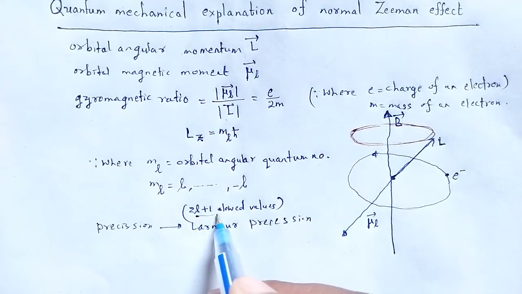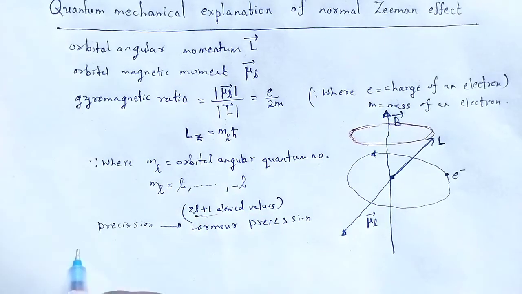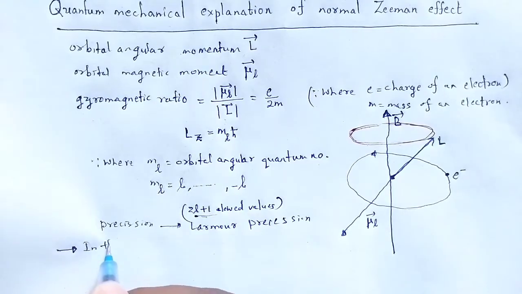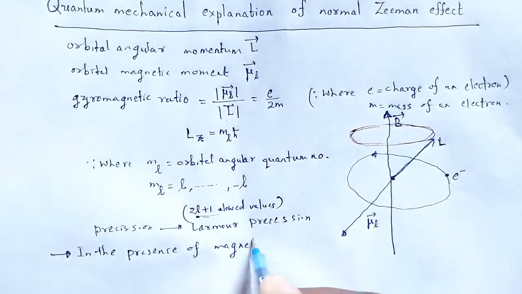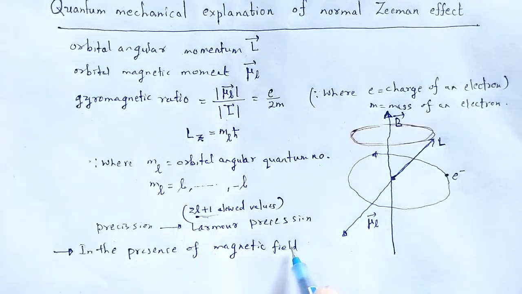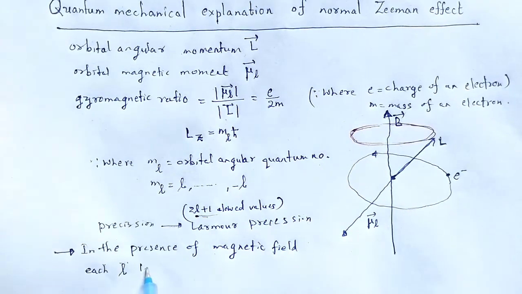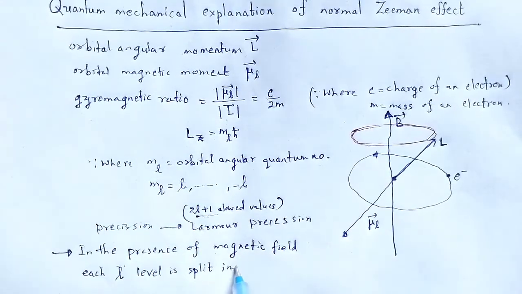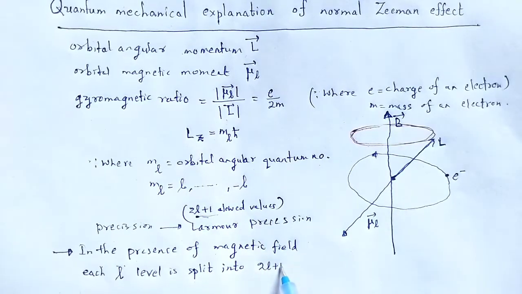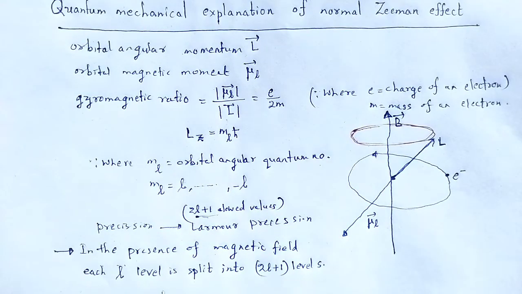Since it has 2L plus 1 allowed values, in the presence of a magnetic field each L level is split into 2L plus 1 levels, and each is characterized by the value of ml.